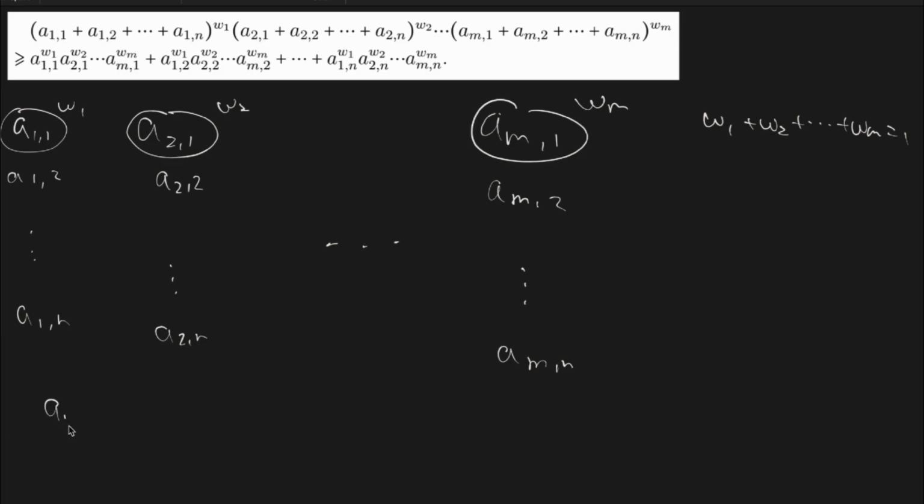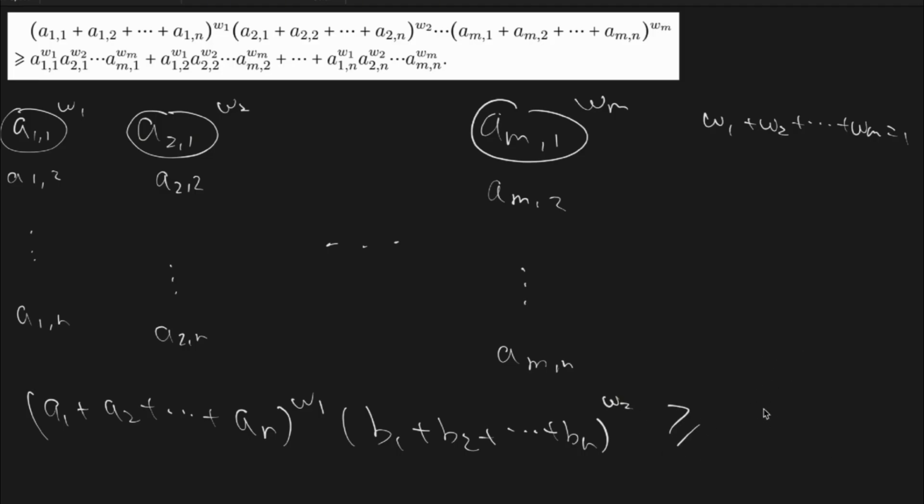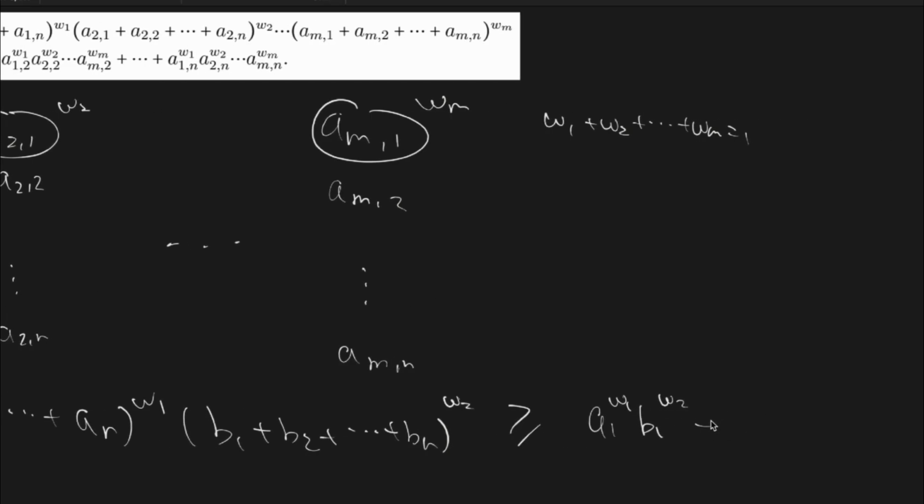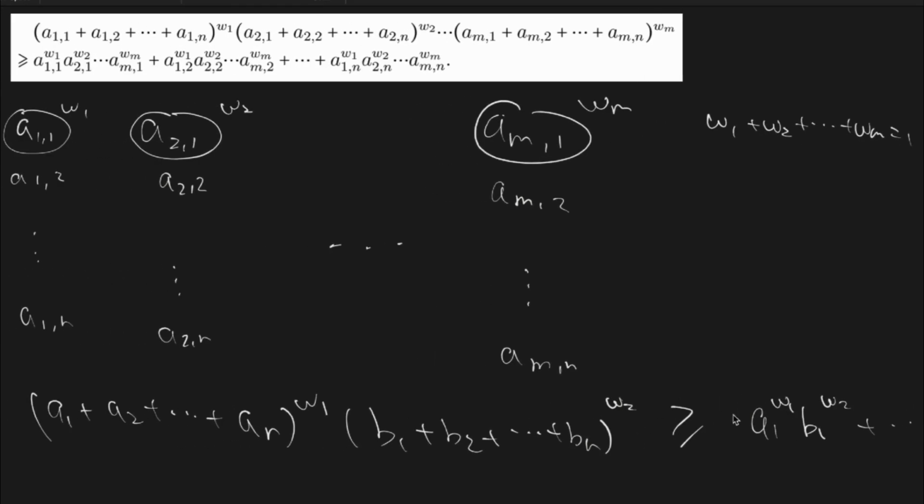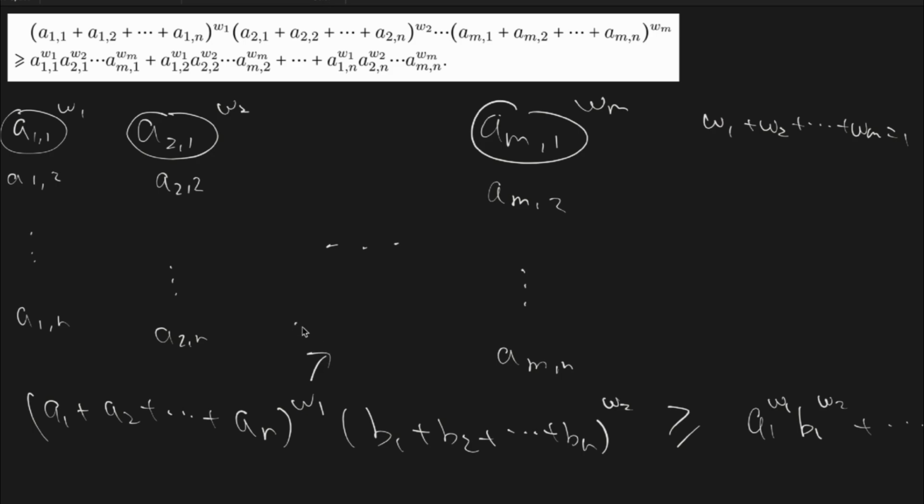For example, if I just had our normal A1 plus A2, we can treat this as a weighted Cauchy-Schwarz because if I take this to a certain weight, and then I multiply this by our B1 plus B2, all the way to Bn taken to another weight, this is greater than or equal to if I were to sum A1^W1 B1^W2 plus all the way to An^W1 Bn^W2. And the normal Cauchy-Schwarz inequality arises when W1 is equal to 1/2 and W2 is also equal to 1/2.